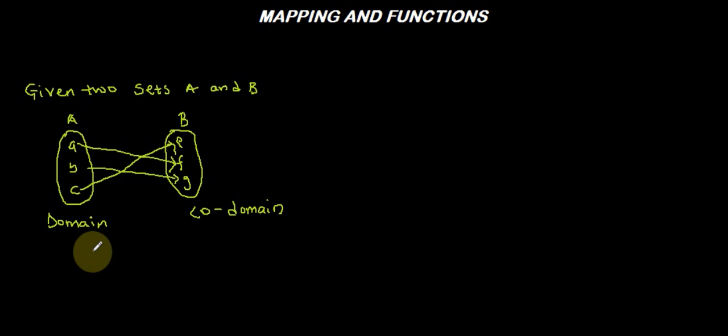Now this also applies here. What A is mapped to is what we call the image of A. A is mapped to F. That means the image of A is F. C is mapped to E. That means the image of C is E. And B is mapped to G. That means the image of B is G. So we can say the image of an element is what it is mapped to.